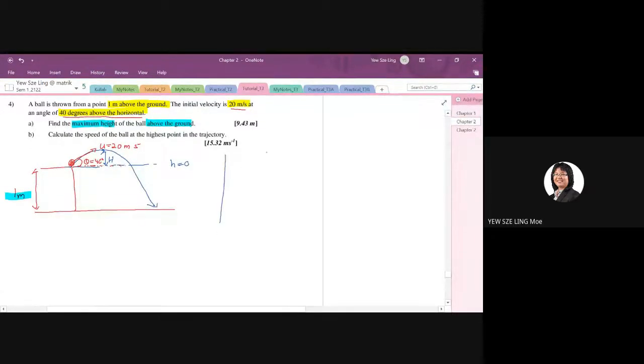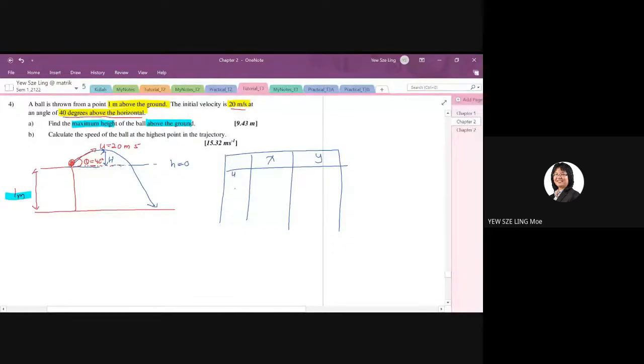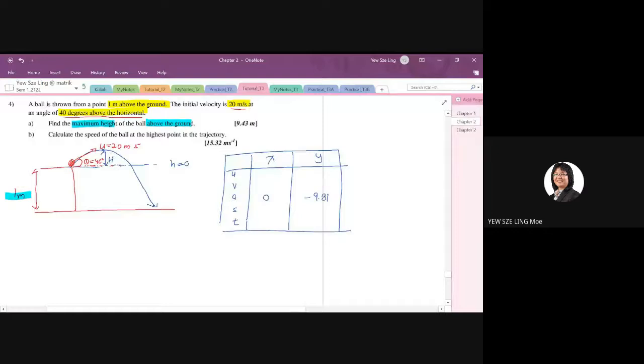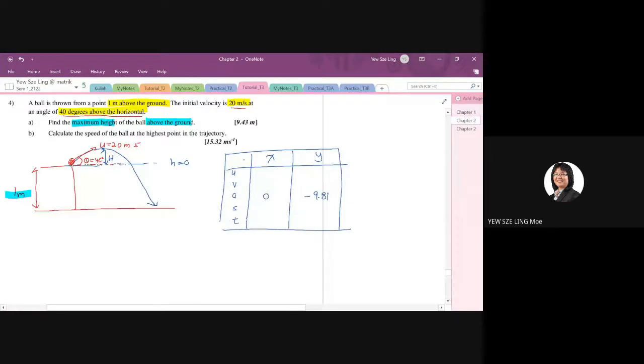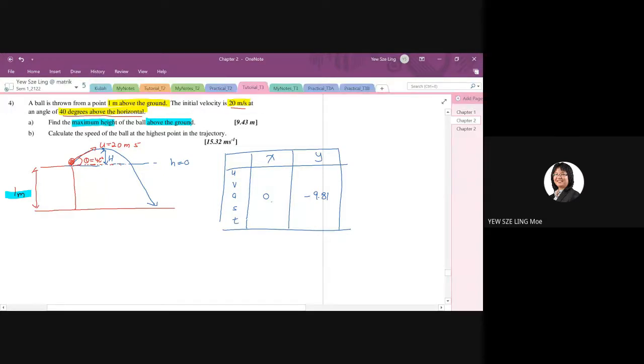So now let's form a table. Again, I have the X component, the Y component, and U, V, A, S, T. AX is 0, AY is negative 9.81, because of gravitational acceleration.